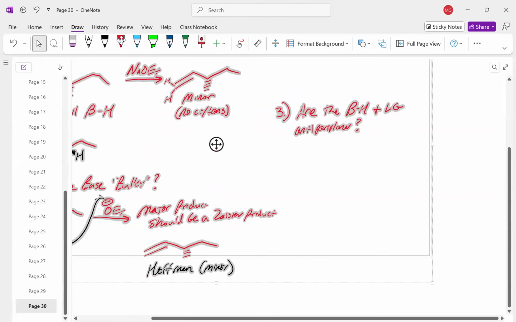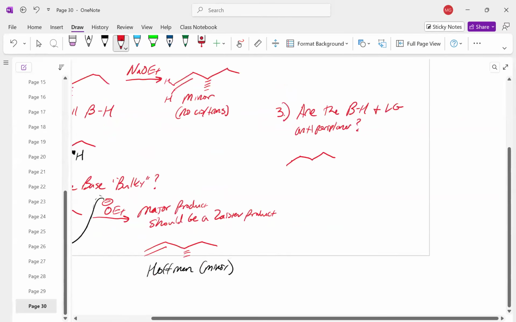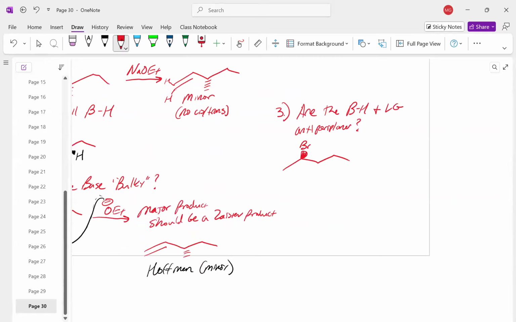So again, I'm going to draw the substrate here. Here's our bromine. Here's our beta hydrogen right there. So I need to pull this hydrogen off. Are the bromine and that beta hydrogen anti-periplanar?